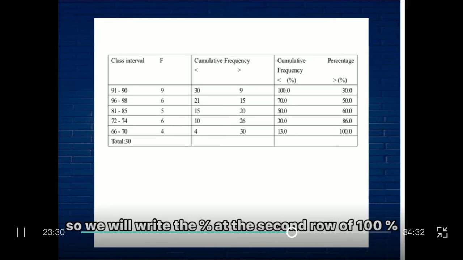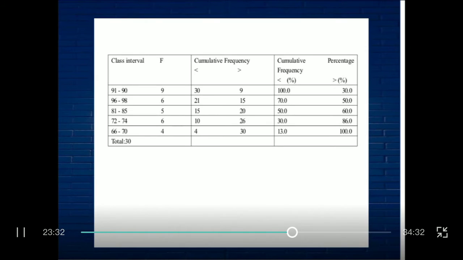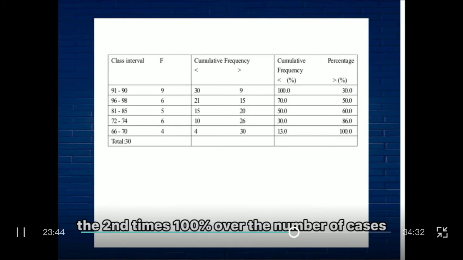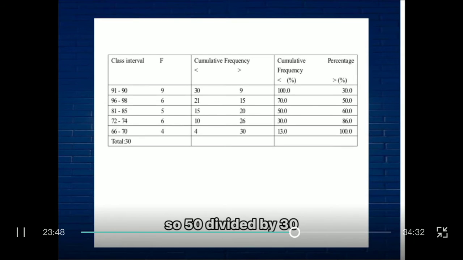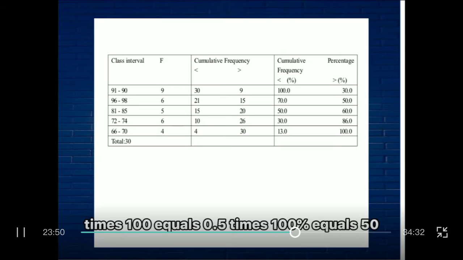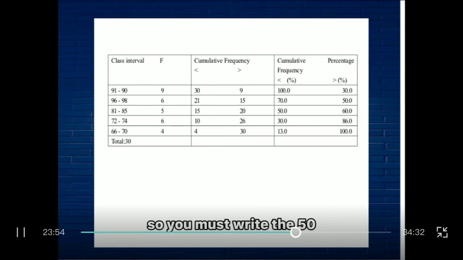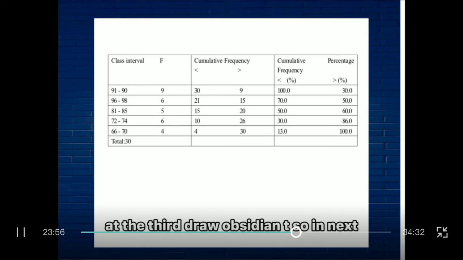Also, CPF lesser than equals CF lesser than times 100% over the number of cases. So 15 divided by 30 times 100 equals 0.5 times 100%, which is equal to 50. So you must write the 50 at the third row after 70.